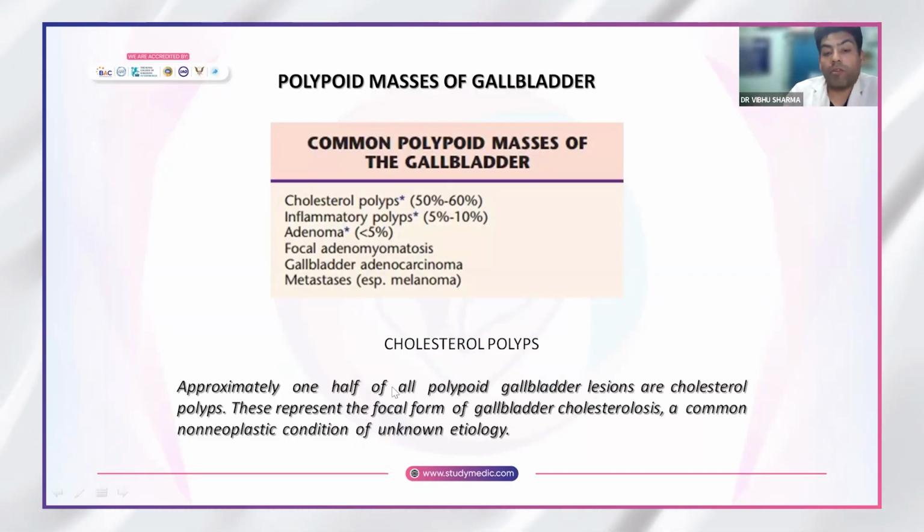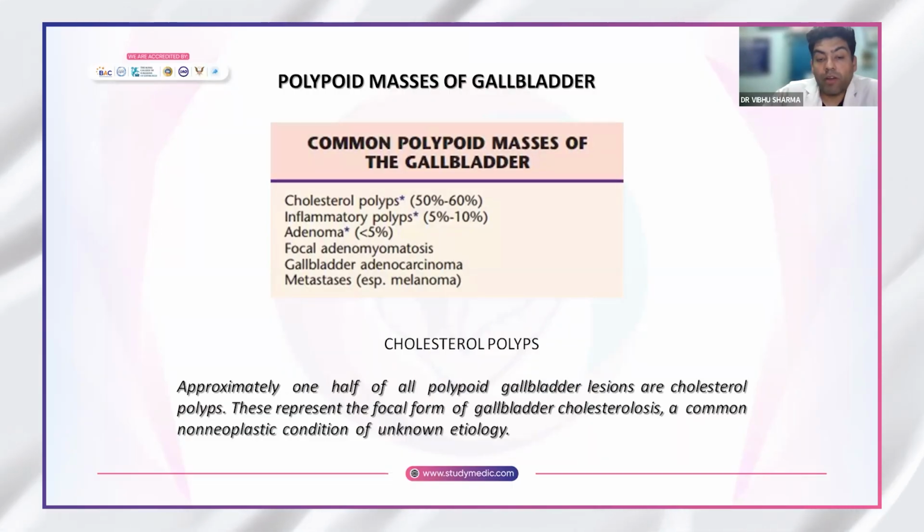Then, approximately half of all the polypoidal gallbladder lesions, these are the polypoidal masses. Sometimes there are masses in the GB lumen. They are basically cholesterol polyps, inflammatory polyps. They can be adenoma. There can be focal adenomyomatosis or GB adenocarcinoma and metastasis.